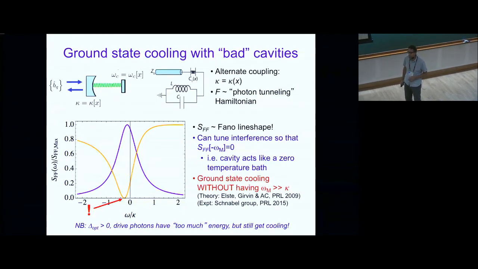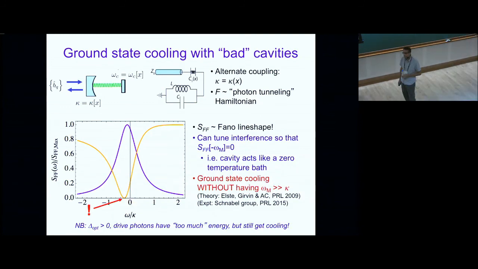So the noise that's responsible for emission of energy to the mechanics has this perfect destructive interference. The noise that's responsible for absorption, it better not also have that. If that also was zero, then nothing happens, right? So the interference is only happening for the noise at minus omega m, the noise responsible for exciting the mechanics.